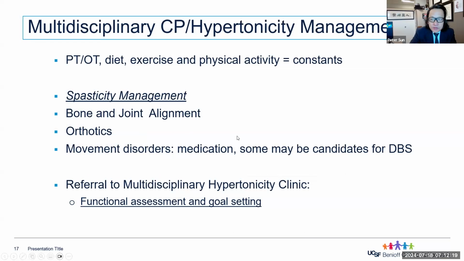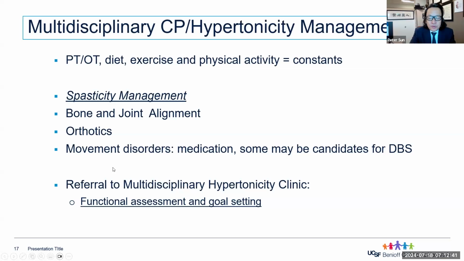All right, so spasticity management, of course, is just part of our multidisciplinary hypertonicity management, which includes PT, exercise and diet, bone and joint alignment, orthotics, and those patients with movement disorders in our clinic, some of them may be candidates for deep brain stimulation.